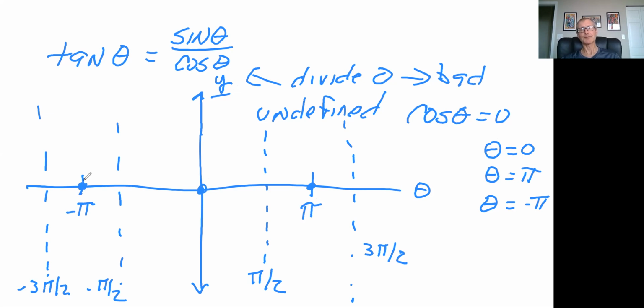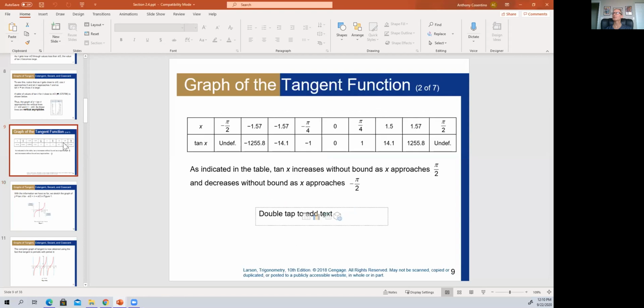So then what happens with the rest of the graph? Well, you can get out your old trusty tables or get out a calculator and start plugging a few numbers in. And this is what you would see. As the values of tangent get closer and closer to pi over 2, or 90 degrees, they start blowing up in the positive direction.